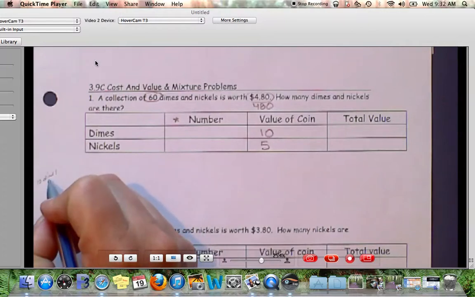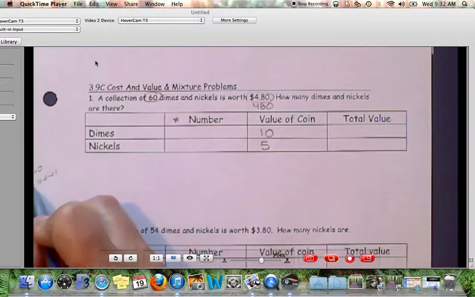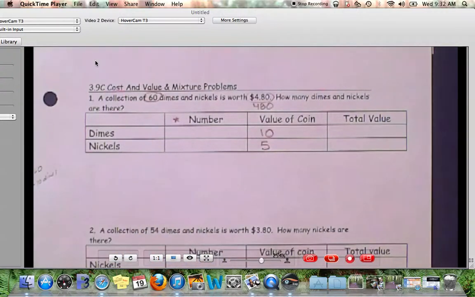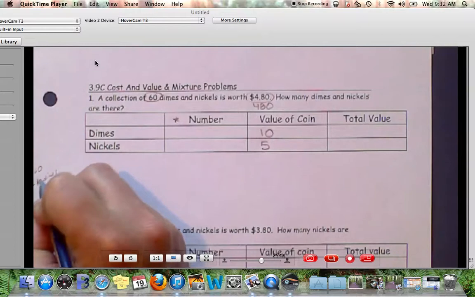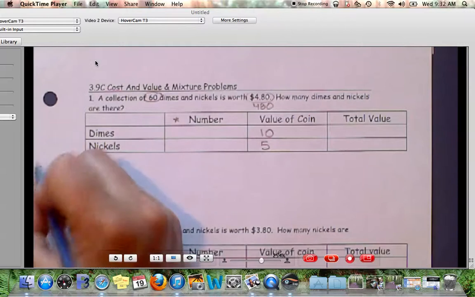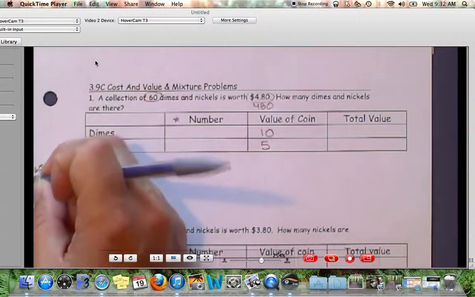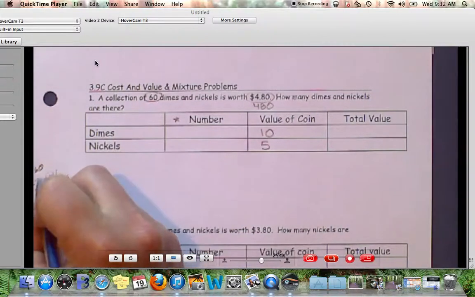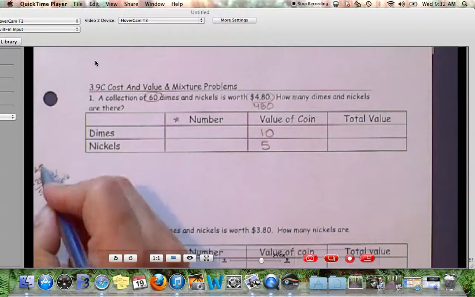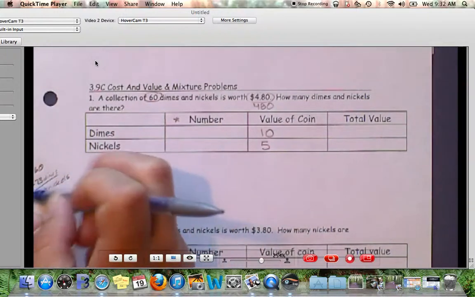Well, if there's 60 total, we'd take 60 and subtract 10. And that would mean there'd be 50 nickels. Okay? Let's say we knew there were 23 dimes. If there were 23 dimes, we'd take 60 and subtract the number of dimes, and we would get the number of nickels that we have.